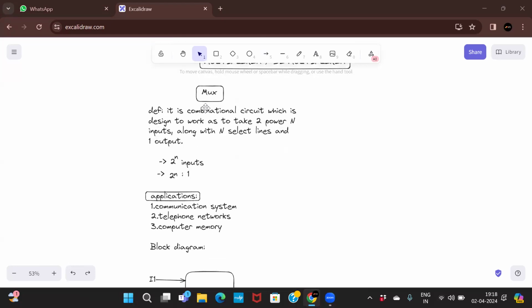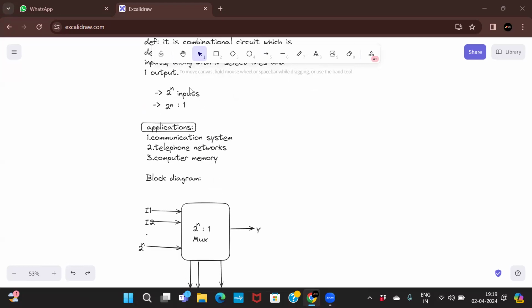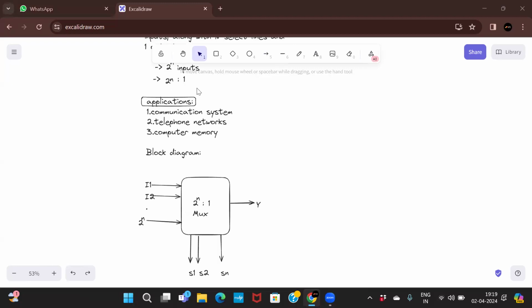See, look at the definition: it is a combination circuit designed to take 2 power n inputs along with n select lines and one output. We generally mention it as 2 power n to 1. What is the application in a communication system? You use a Wi-Fi router in your college; with one router we serve multiple mobile connections.